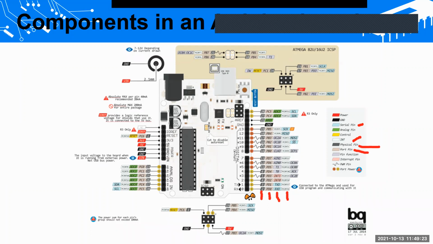So if you consider any pin, it has certain functionality. At some point it can act as an input, at another point it can act as output, then you can use it for serial communication. Then again it can give some PWM values, like I said before.